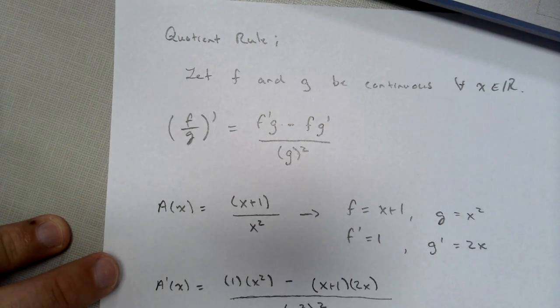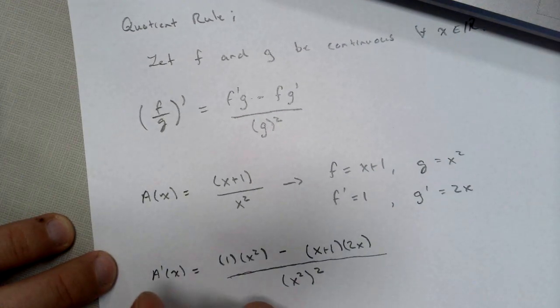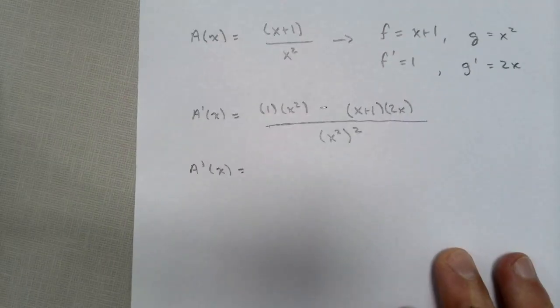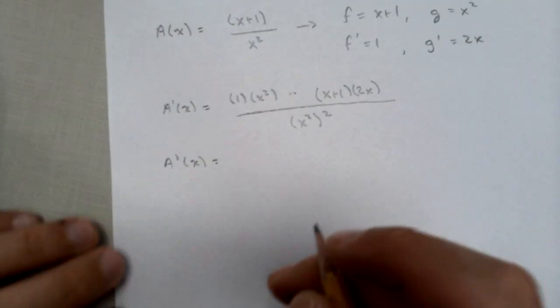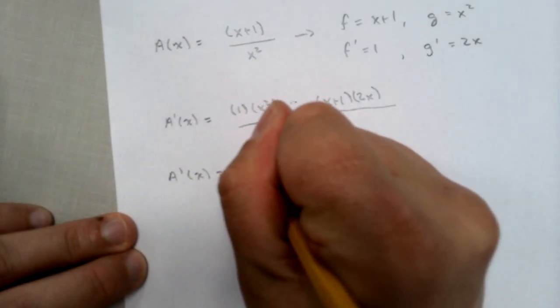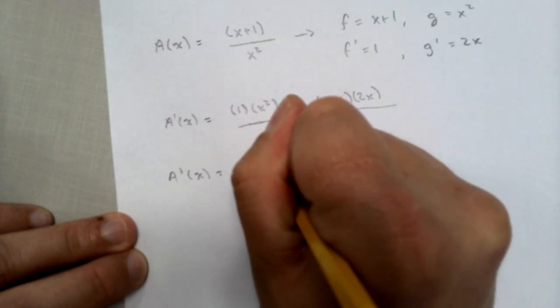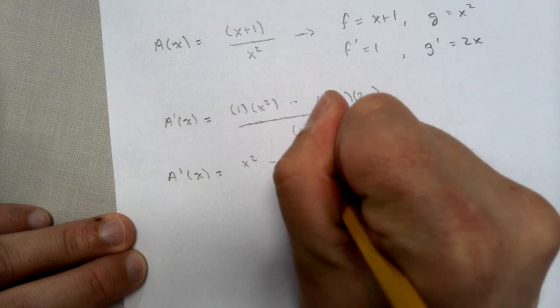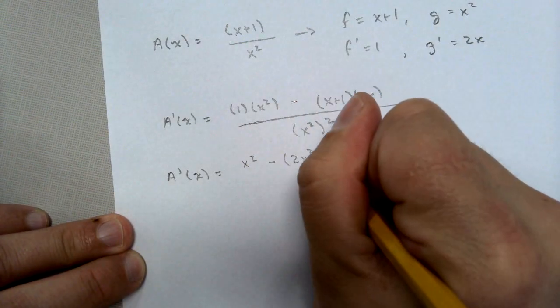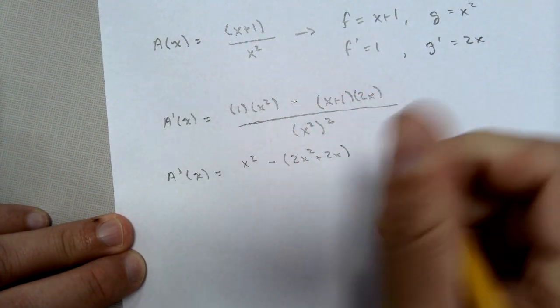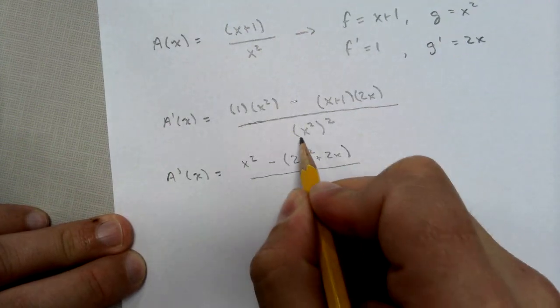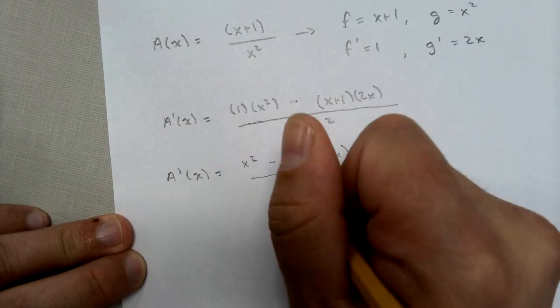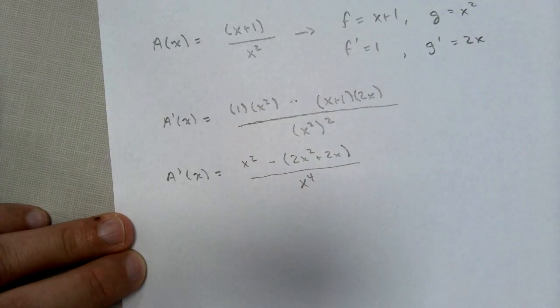All right, well now we can simplify this. So a prime of x will be equal to x squared minus, let's distribute this 2x here, so it'll be minus 2x squared plus 2x, all divided by x squared quantity squared, which is x to the 4th power.